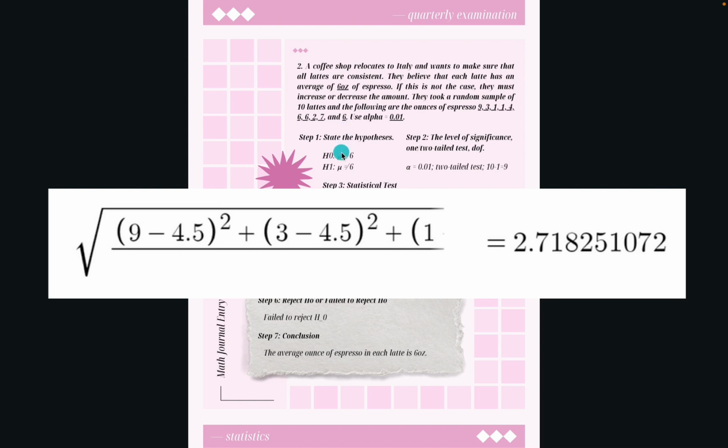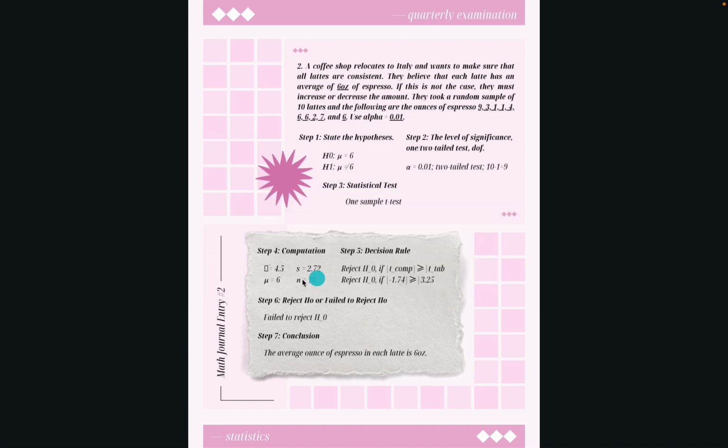Under that will be n minus 1. So we get 2.718 or 2.72. And for n, it is 10.